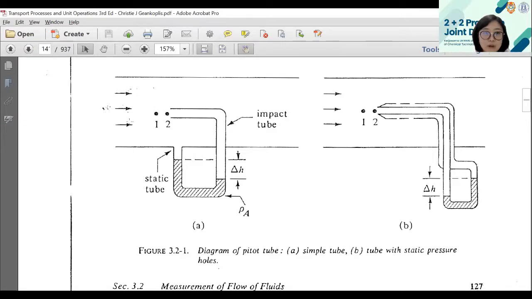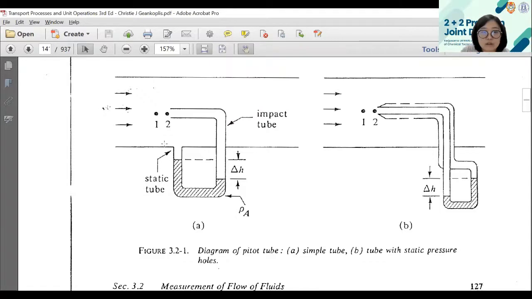The flow inside the pipe will fill the static tube, while the impact tube will receive the flow from the middle of the pipe, and it will usually push harder compared to the static tube, because the static tube only receives slow-motion flow.